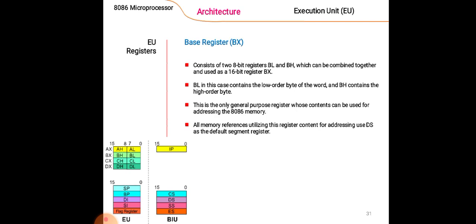Then the base index register, BX, consists of BL and BH. BL contains the lower order byte of a word, BH contains the high order byte of a word. So this is used as a 16-bit register.